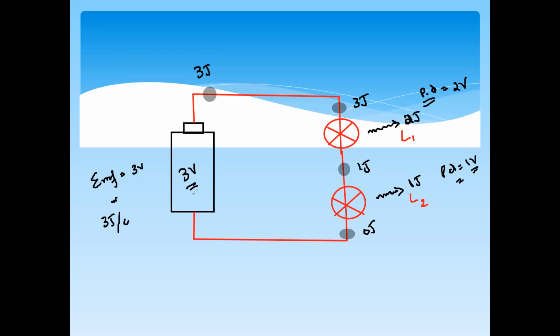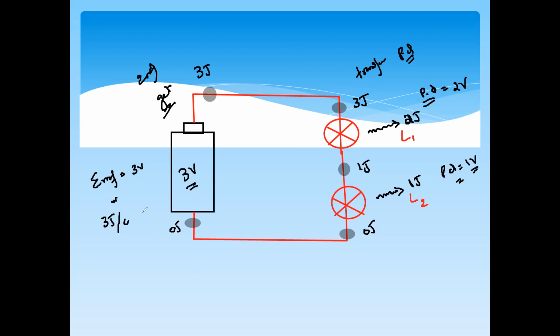And that charge will return to the battery with no energy to transfer to any component. So the energy which the charge transfers when it passes through the component we call potential difference, and the energy which the charge gets we call EMF.